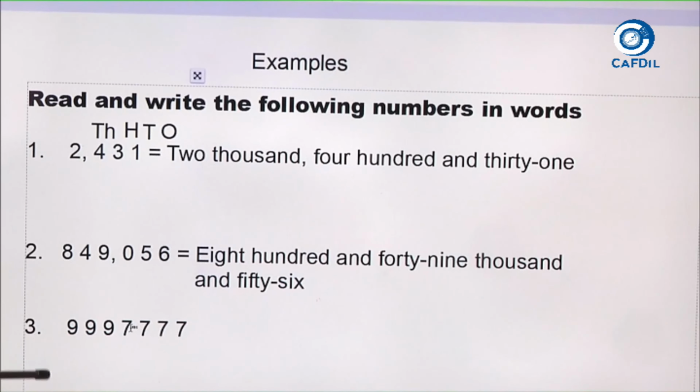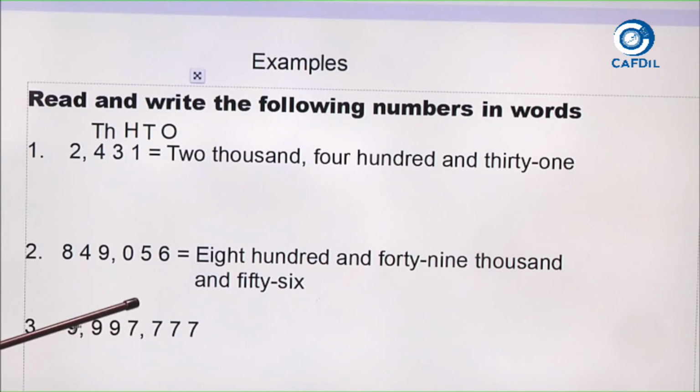The third example, we have to separate the digits into groups of 3 digits. 1, 2, 3, 1, 2, 3. That's it. Let's count the number of digits. 1, 2, 3, 4, 5, 6, 7.